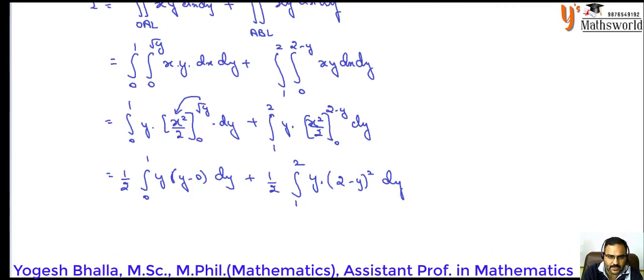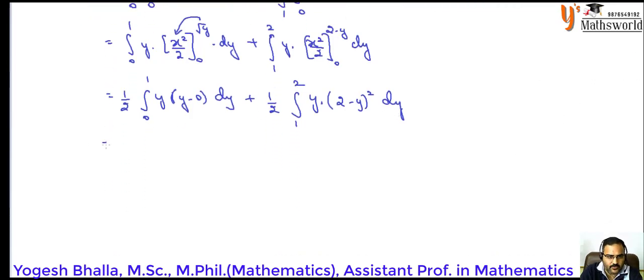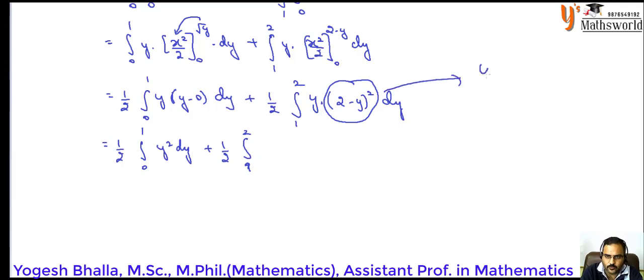Now just opening the brackets, it will be half integral 0 to 1 of y square dy plus half integral 1 to 2 of y times, now we have to open the bracket, (2 minus y) whole square, which is 4 plus y square minus 4y.